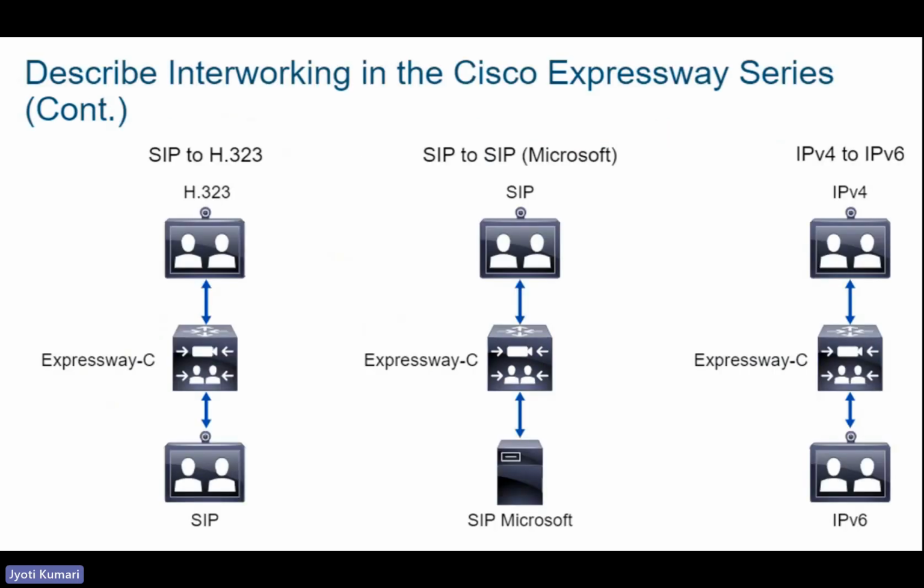Then we can have different types of calls like SIP to H.323, SIP to SIP, and IPv4 to IPv6. All these types of interworking can be enabled in Expressway. So interworking is about more than translating between SIP and H.323. We can also have functions like IPv4 to IPv6, or even to third-party applications and endpoints.